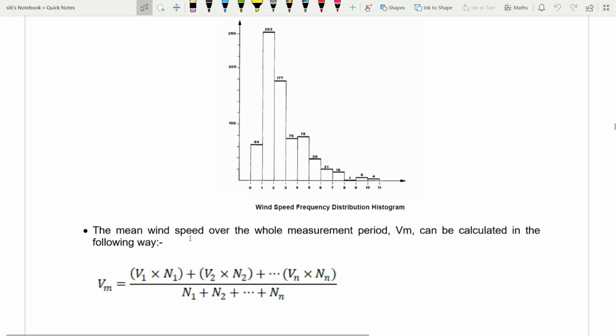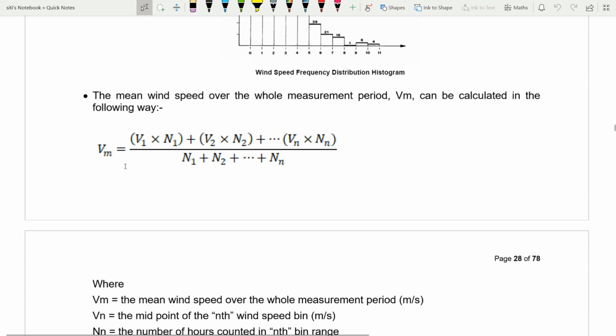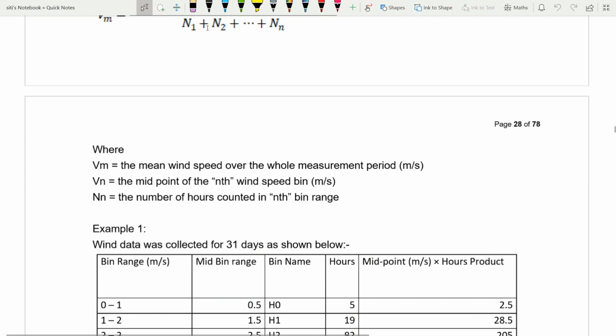So the mean wind speed over the whole measurement period, Vm, can be calculated in the following way. Vm equals V1 multiplied by N1 plus V2 multiplied by N2 and so on, over N1 plus N2 plus N3 and so on.